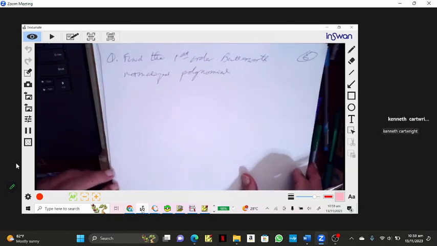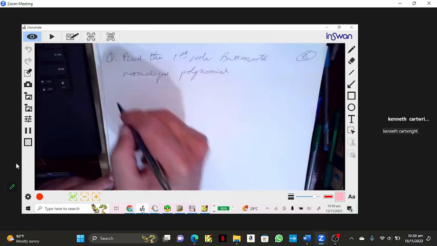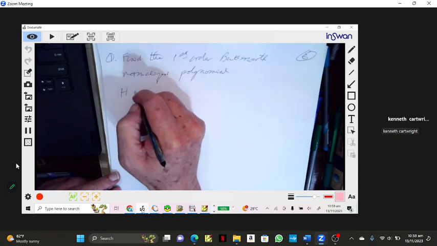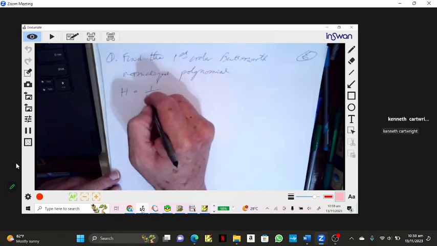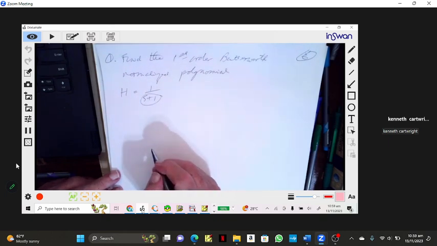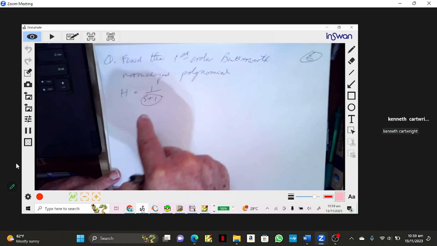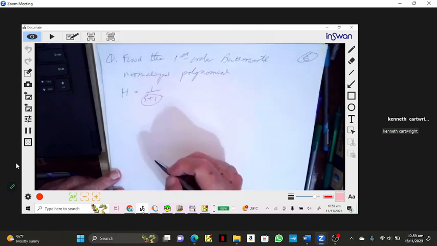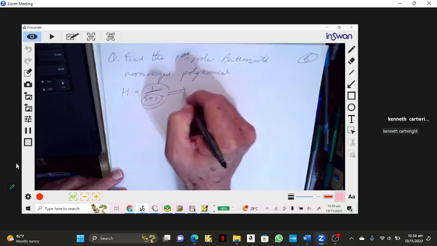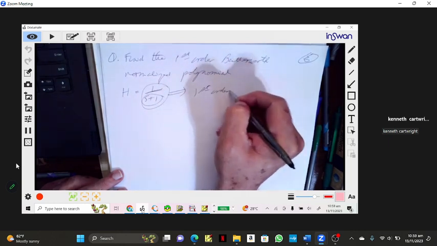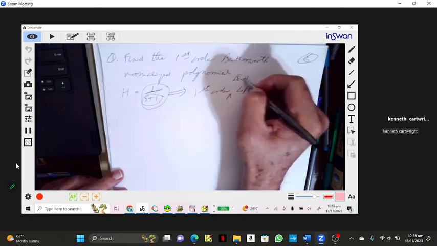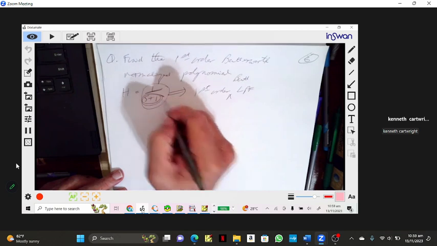So the transfer function for a first order is what? H first order is 1 over s plus 1. That's the first order Butterworth polynomial. So 1 divided by that is the first order Butterworth low pass filter, because this is a Butterworth polynomial.